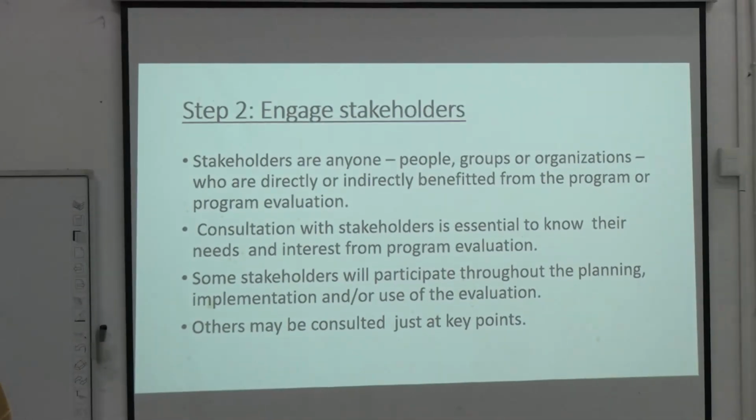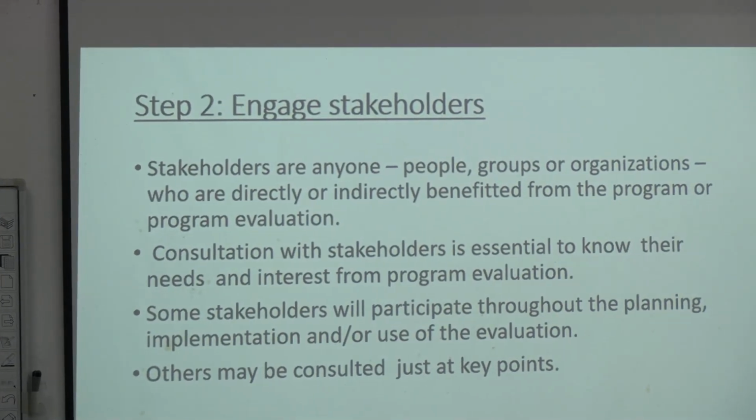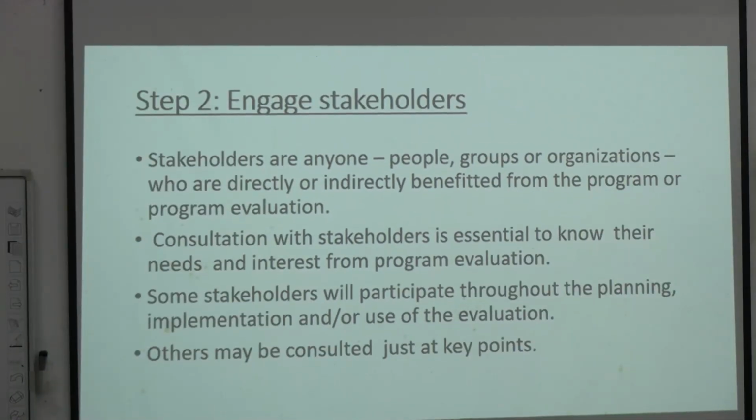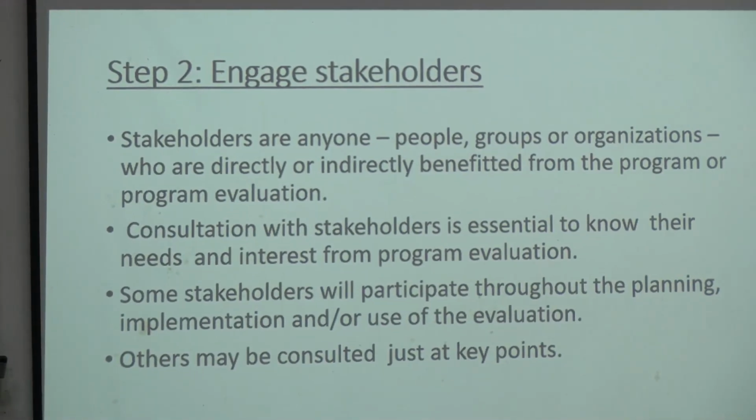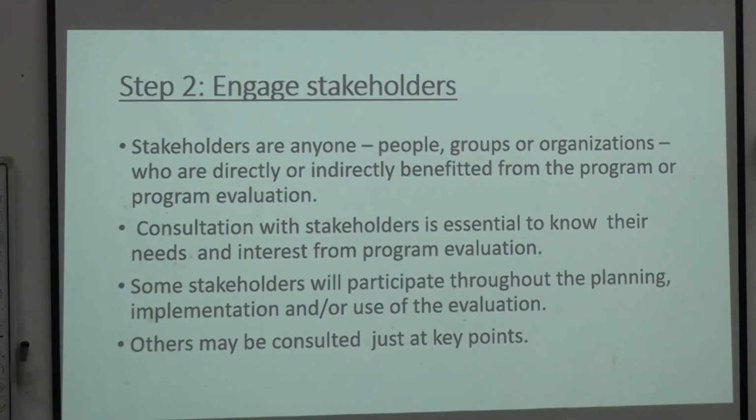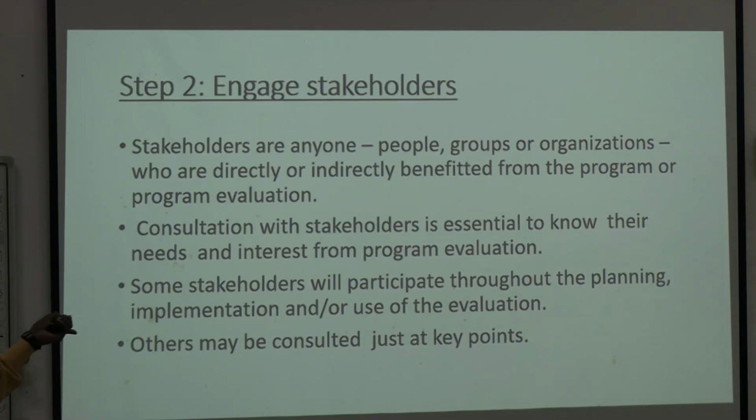That means you as an evaluation team now know what was the program, what was the goal, what was the objectives, who were the beneficiaries, what were the outcome objectives, what were the process objectives. Okay. Now you can plan. Once you know who are the beneficiaries, these are the stakeholders.